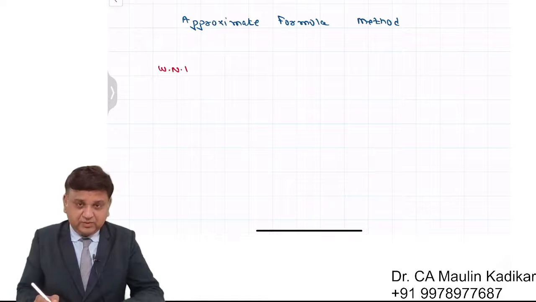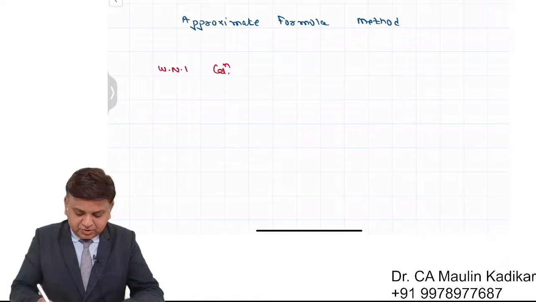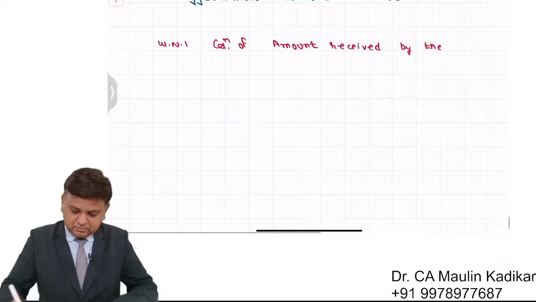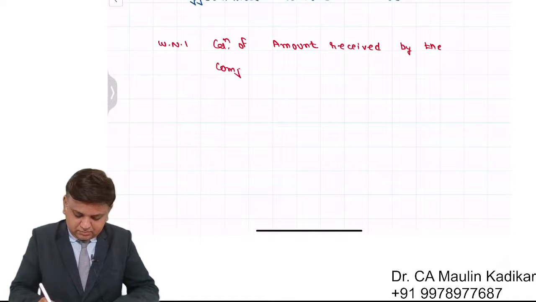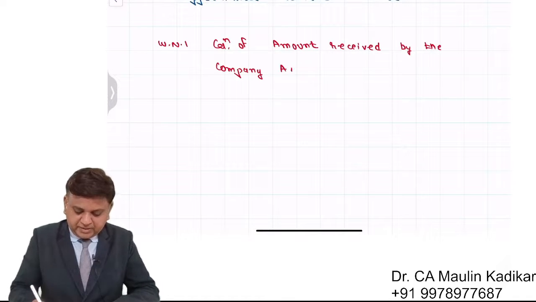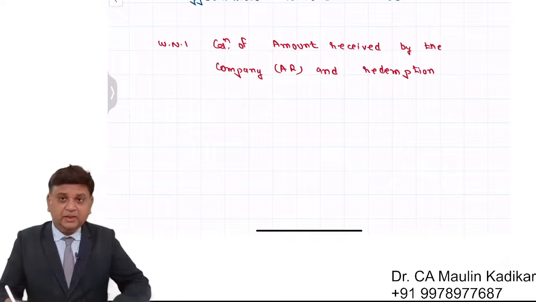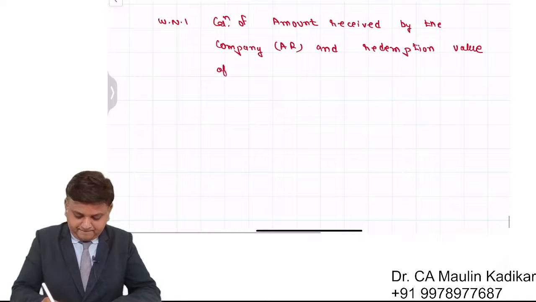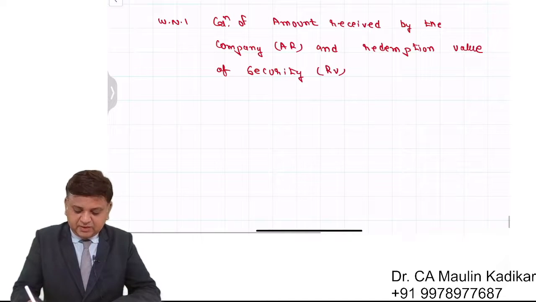In that, working note number 1, calculation of amount received by the company, in bracket write down AR, and redemption value of security, in bracket write down RV.